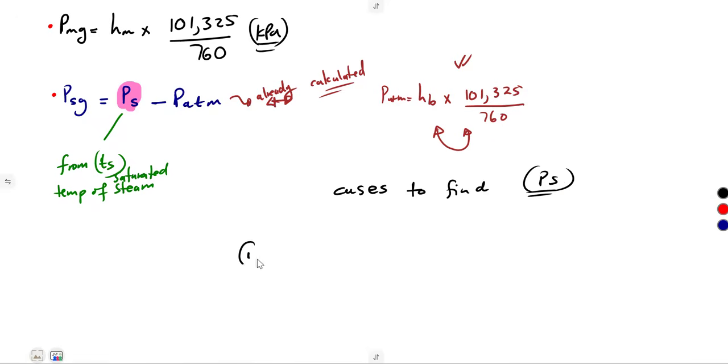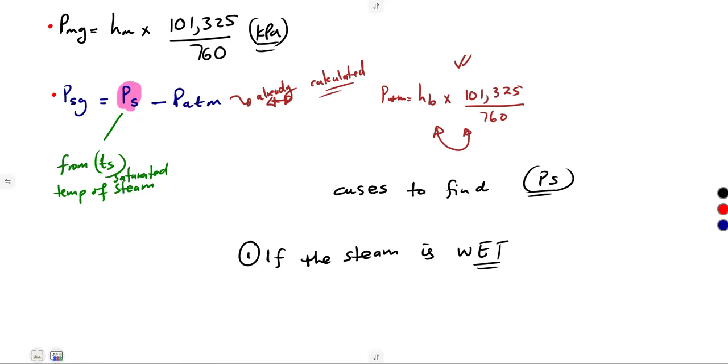The first case that we can have is if the steam is given as wet. We can have that because it's saturated. When the steam is wet, use the wet steam temperature, because wet steam must be at a saturation temperature.